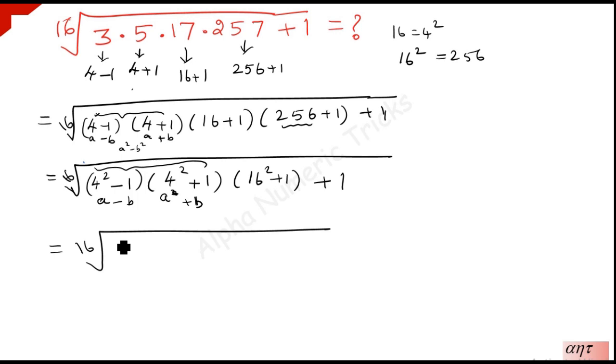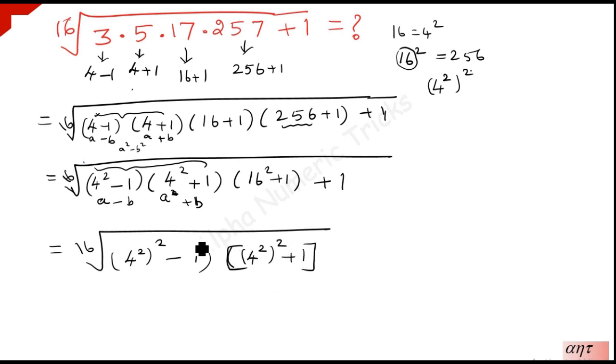Which is equal to a squared, a is 4 squared the whole squared, b is 1 squared, that is 1. So 4 squared the whole squared minus 1, and again how will you write this 16 squared? 16 squared can be written as 4 squared the whole squared, since 16 can be written as 4 squared. So you can write this as 4 squared the whole squared plus 1.